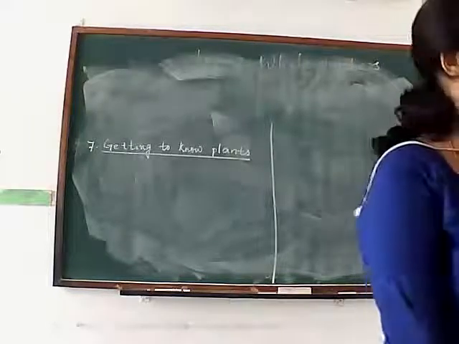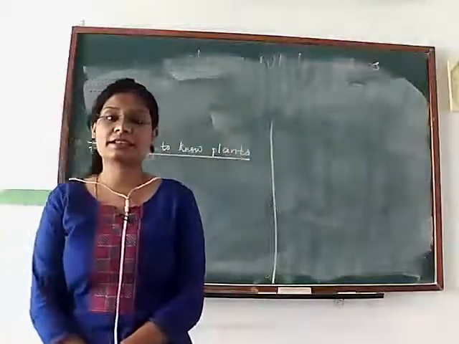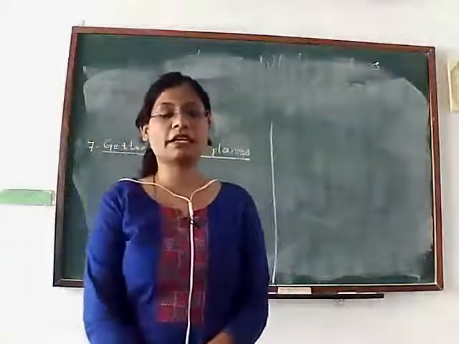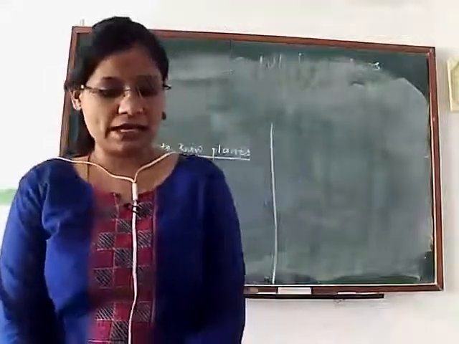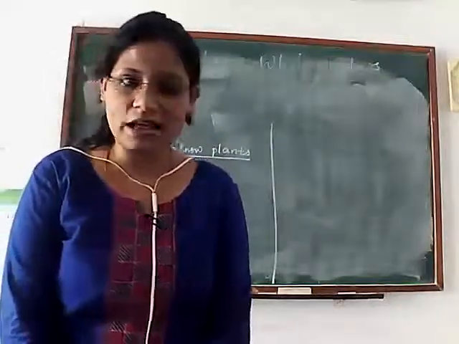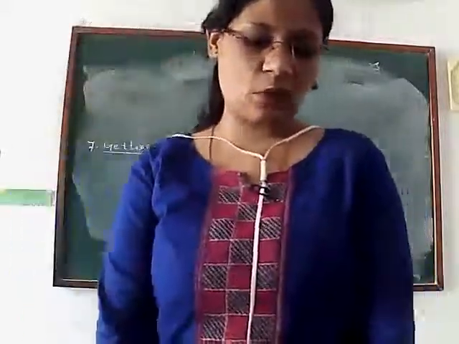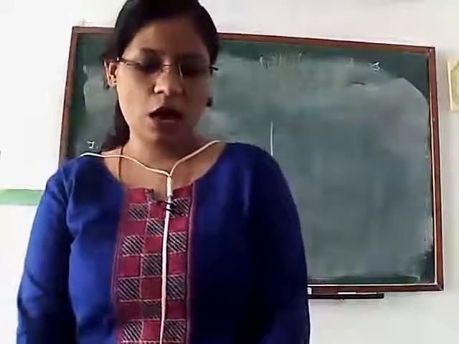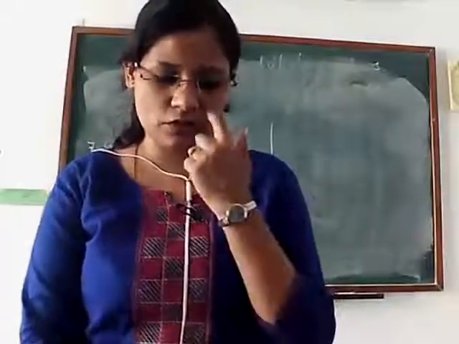Very good morning, class. In this class, we're going to study the chapter Getting to Know Plants. Go outside and observe all the plants around you. Do you see that some plants are small and some are big, while some are just patches of green on the soil?